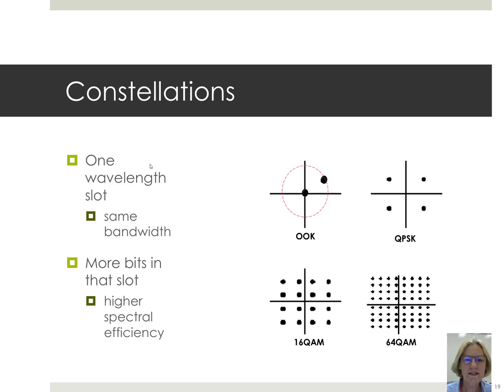So that means that on a single wavelength slot, in the same amount of bandwidth, so I have my wavelength grid defined, within one of those slots, I can now send more bits. So I get much higher spectral efficiency. And then I'm pushing myself higher, closer to that Shannon limit, because I'm driving up my spectral efficiency.